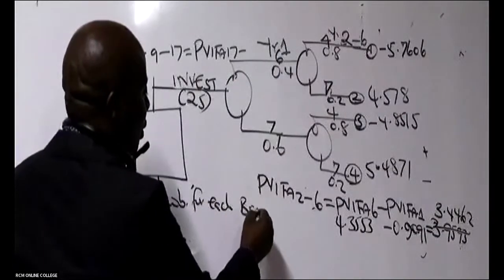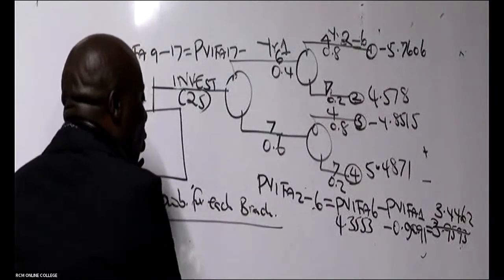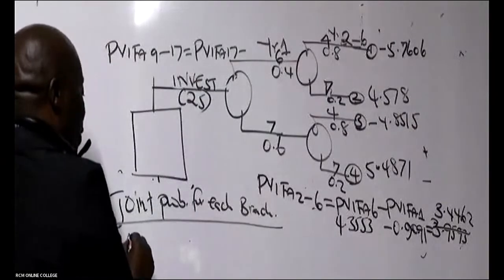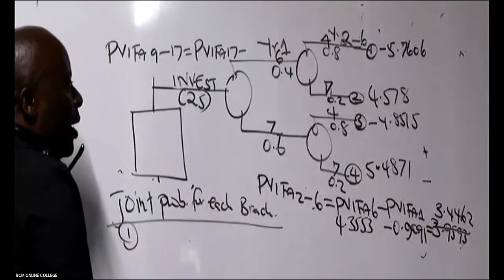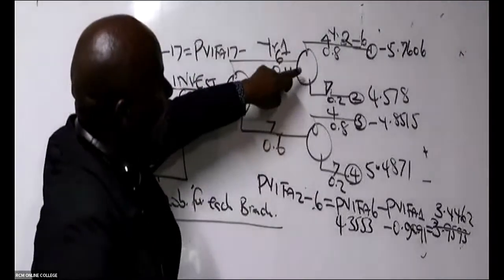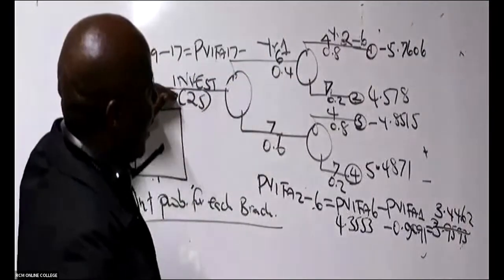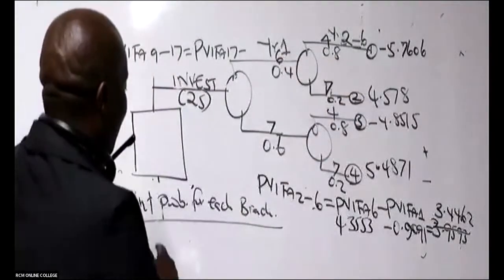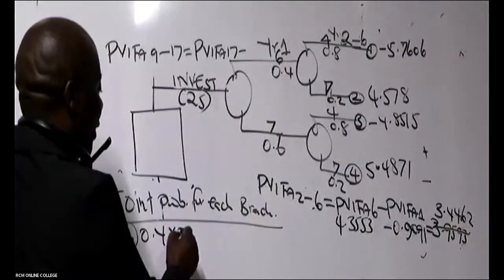Remember, you are following your roads. We start with road number 1. Road number 1 has 2 probabilities, 0.4 and 0.8.